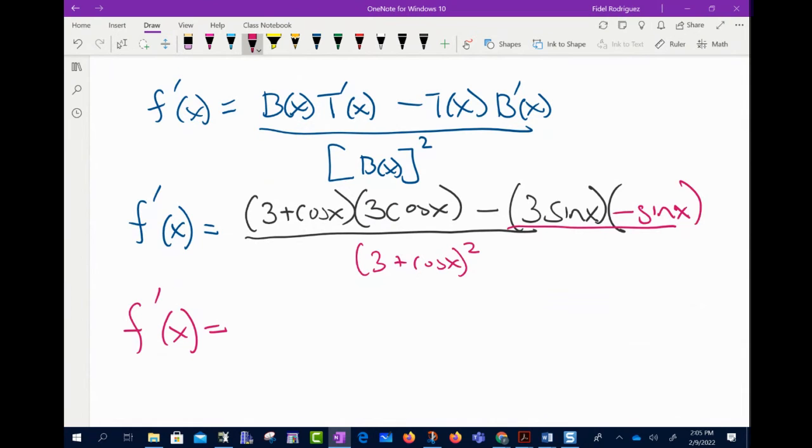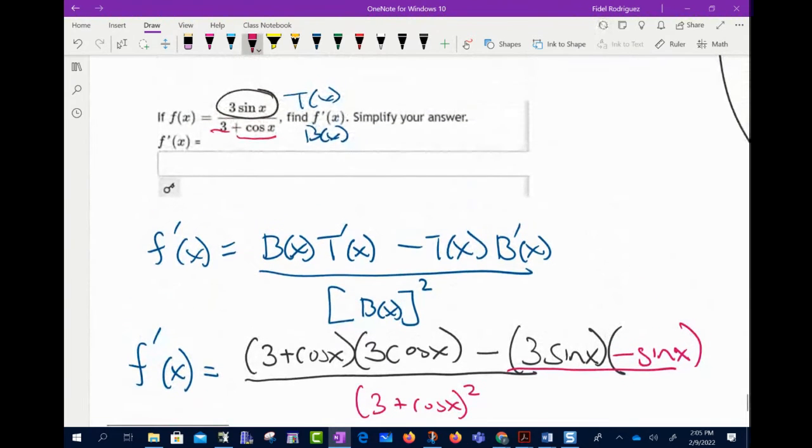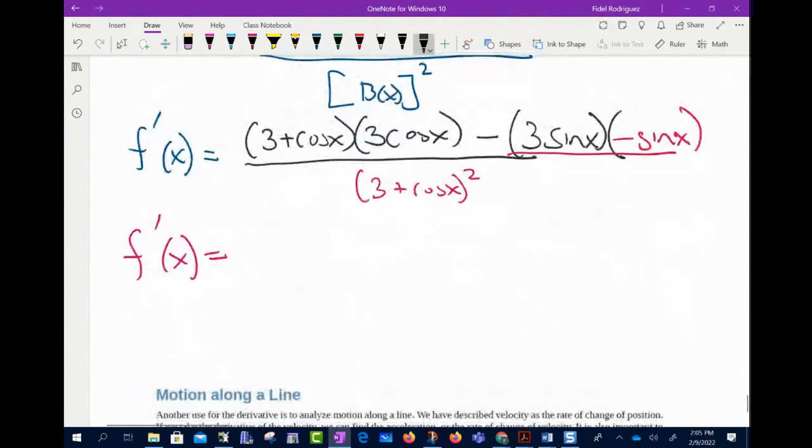All right, we are going to do a little bit of algebra here, guys. And the reason why, I want to scroll back to the problem. I want you to notice in the particular problem that we have, y'all, it does tell me to simplify my answer. That's why I'm going to do a little bit of algebra here. I'm going to go ahead and multiply some stuff out. Okay, so look, we're going to go slowly. We're going to take this guy, 3 cosine x, times 3.